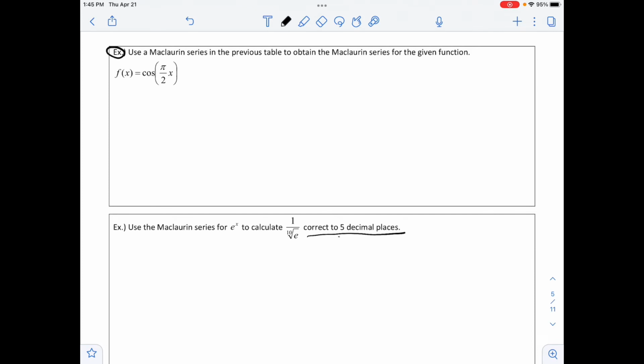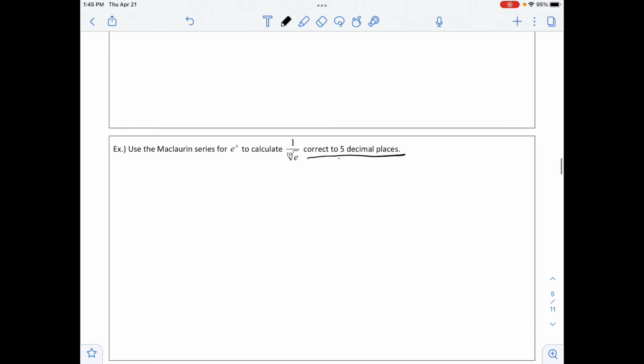And so for this problem, we're going to first look at that Maclaurin series for e to the x, which is going to be e to the x equals the sum from n equals 0 to infinity of x to the n over n factorial. And this is asking for us to calculate 1 over the 10th root of e, which for this problem would be the same thing as e to the negative 1/10 power.